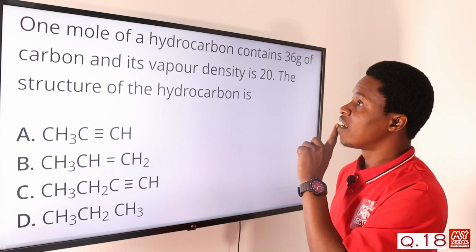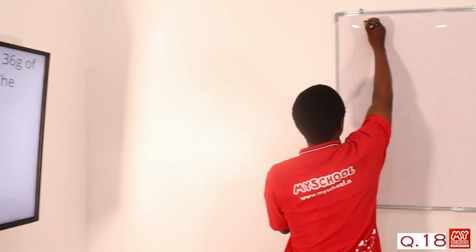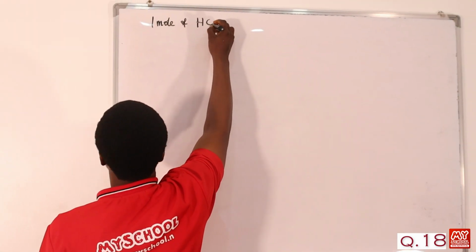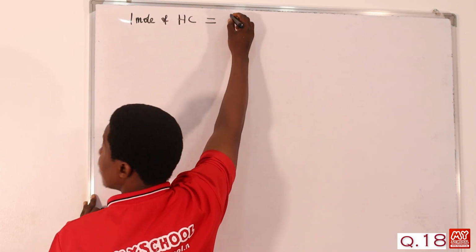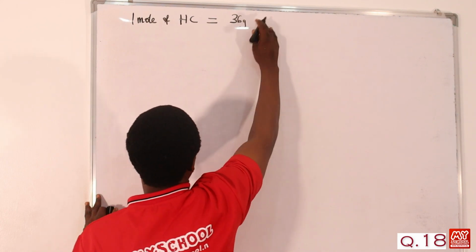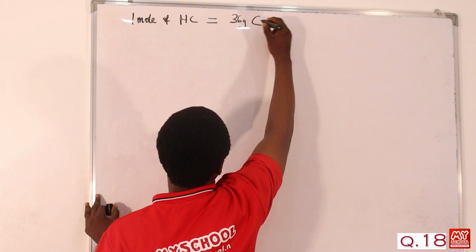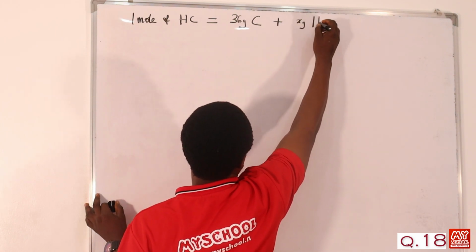First of all, let's go to the board. We're told that 1 mole of the hydrocarbon, they didn't tell us which hydrocarbon it is, contains 36 grams of carbon. Of course, if it contains 36 grams of carbon, then it has to contain some mass of hydrogen. What mass of hydrogen do we have left?